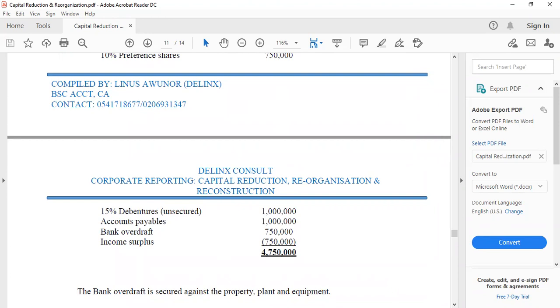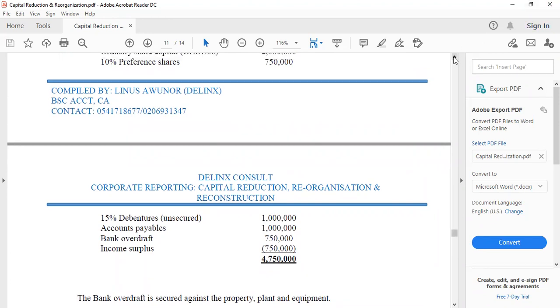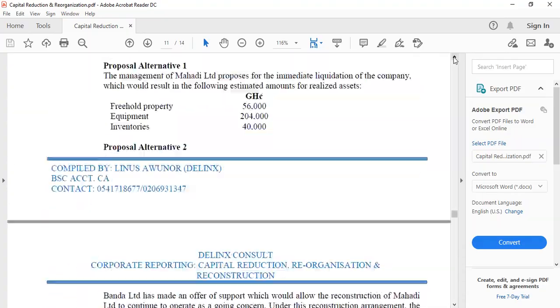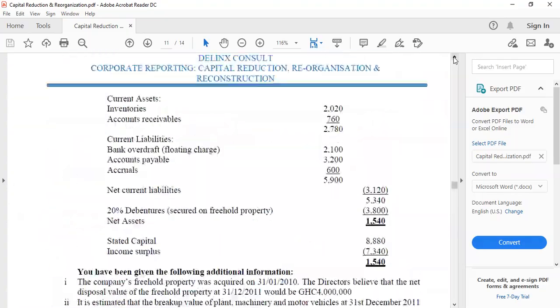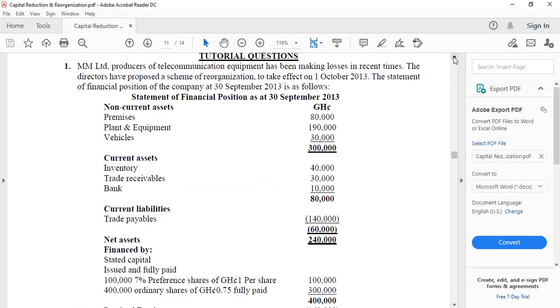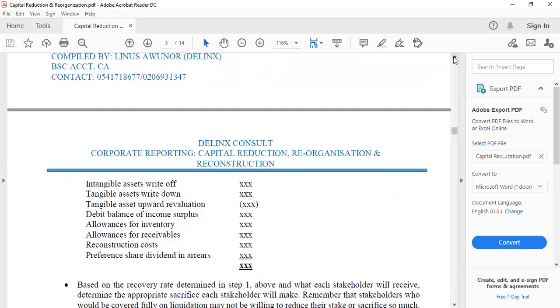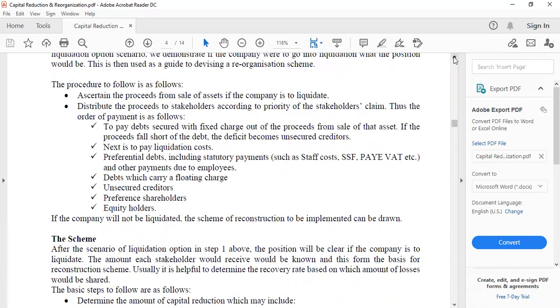So since it's unsecured, what do we do? If you look at the distribution format, do we have something to do with the unsecured? Let me go through it again. Okay, debt carrying a floating charge. Are we there? Okay, then we don't have any floating. So what will happen? Unsecured creditors.